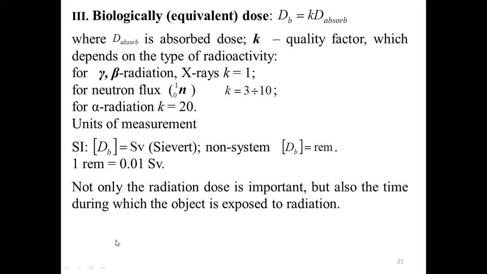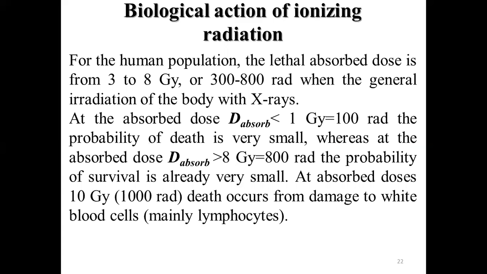From such consideration, we can conclude that not only the radiation dose is important, but also the time during which the object is exposed to radiation. For the human population, the lethal absorbed dose can be from 3 to 8 gray, or 300 to 800 rad, with general irradiation of the body with X-rays.